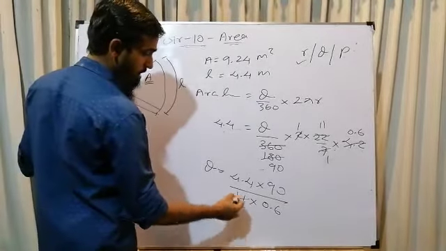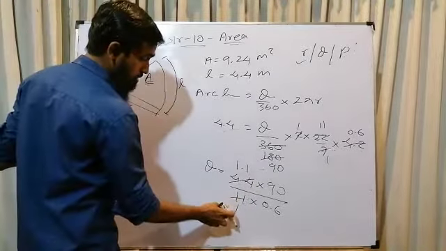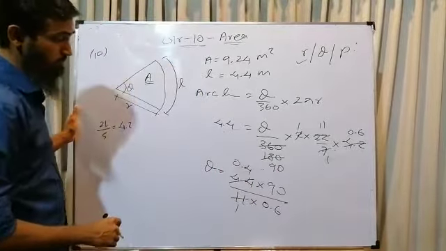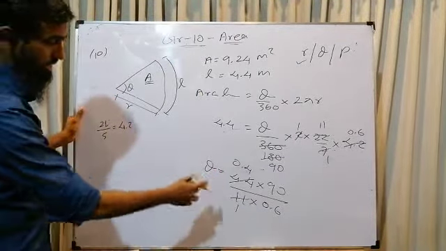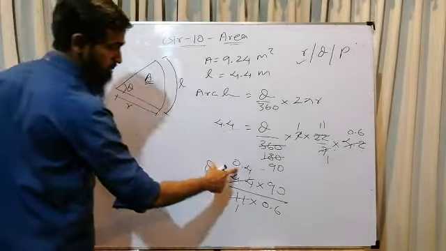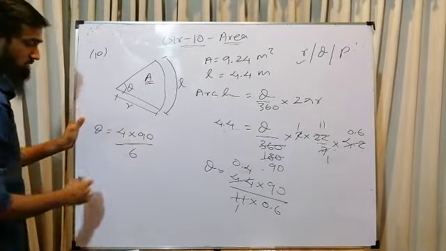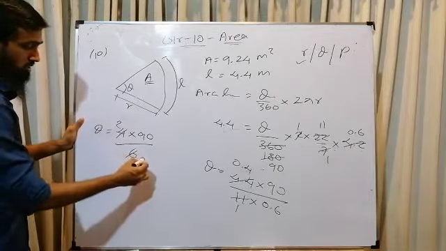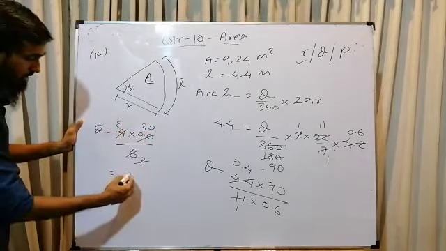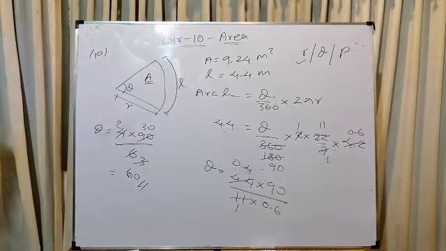If you divide 11 and 4.4, it's 0.4, sorry. So we can change the decimal numbers. Multiply by 10, multiply by 10. So 4 into 90 over 6. Divided by 2, it's 3. Divided by 3, it's 30. So 2 into 30, it's 60. So the angle at the center is 60.